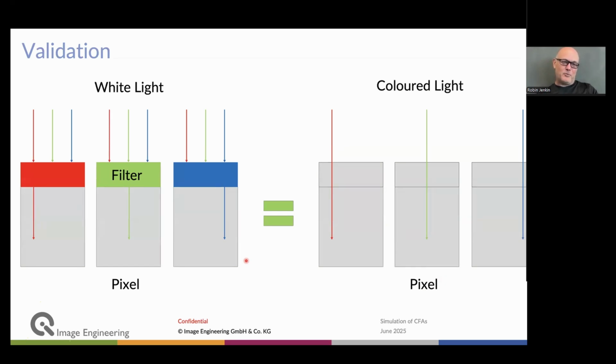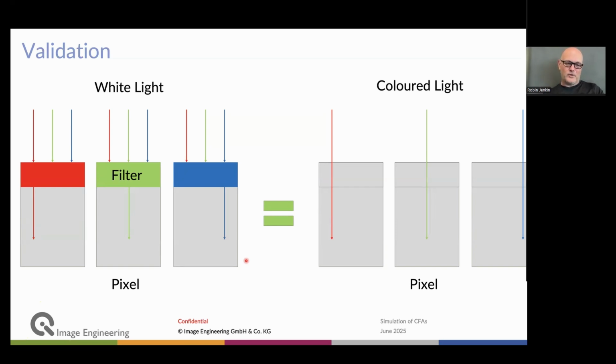If we have white light falling onto the pixel, the filter is removing the other unwanted light at that pixel, and just leaving us with what we want. But that's exactly the same as having, instead of white light, a colored light and no CFA.